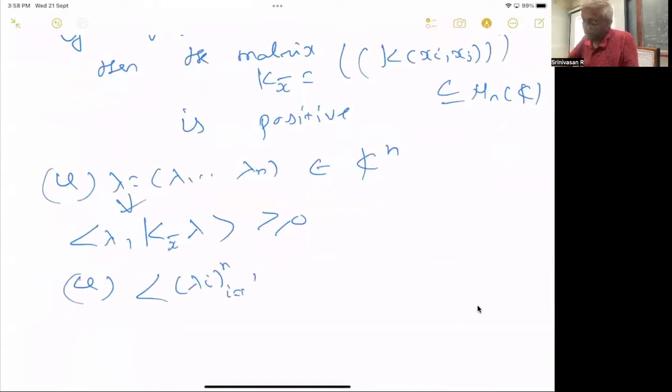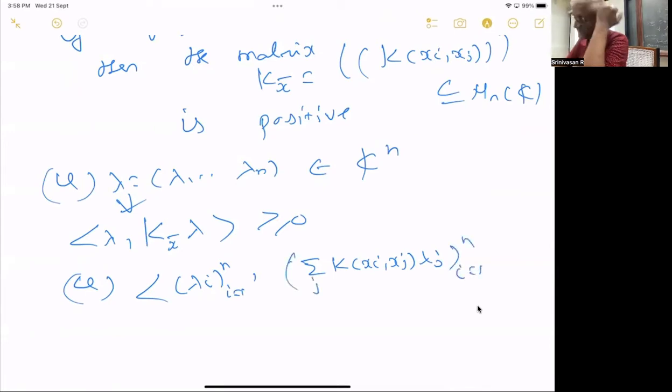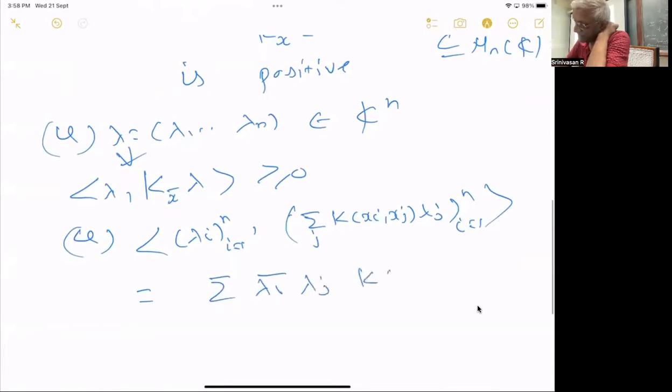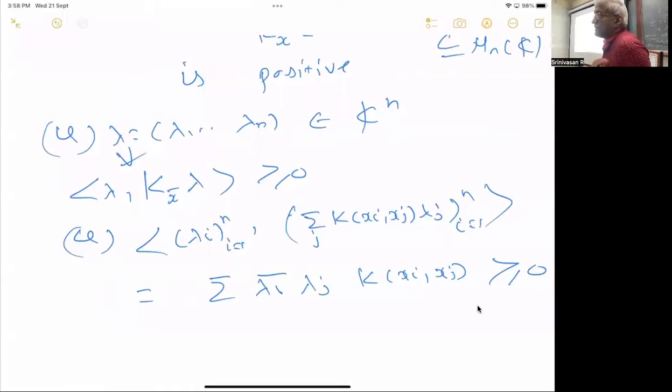K_x multiplied with lambda is the summation over j of K(xi, xj) lambda j, which is what a matrix acting on a vector is. So this is equal to the summation of lambda i bar, lambda j, K(xi, xj), and this number is greater than or equal to 0. This is the meaning of the function being positive definite.